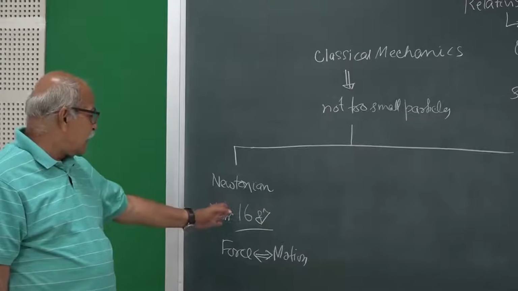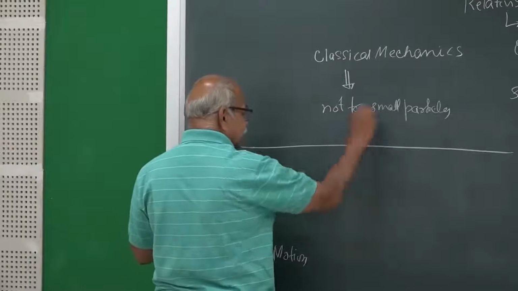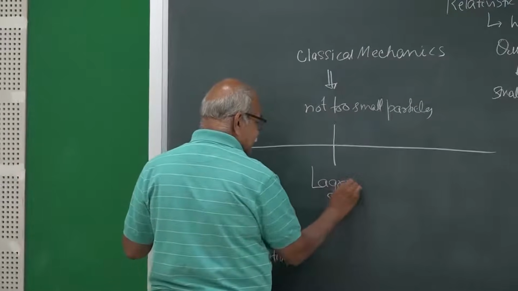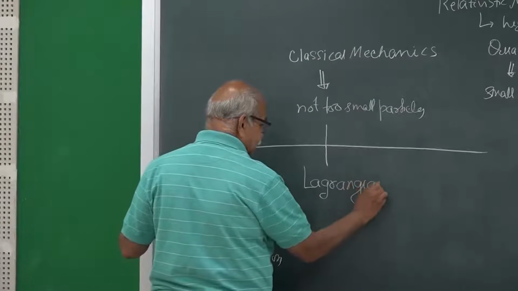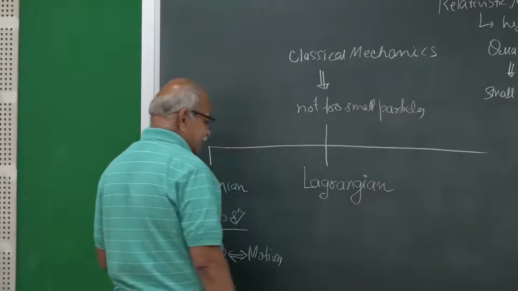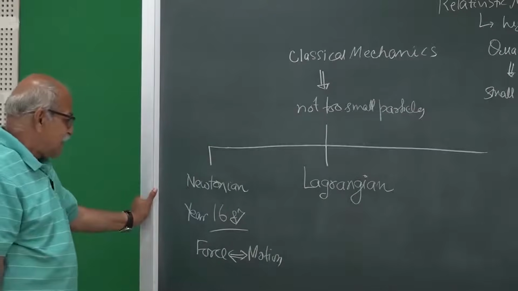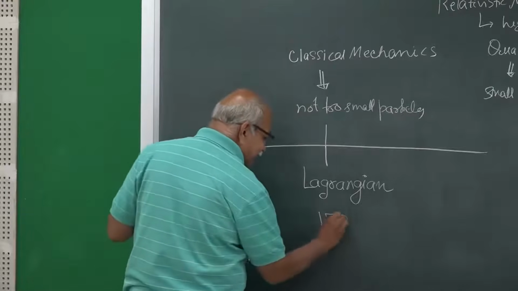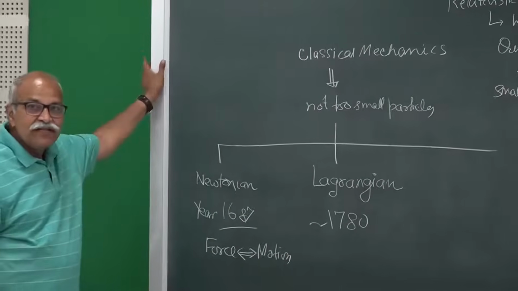Then about 100 years later, you have another formulation of classical mechanics which is called Lagrangian mechanics. The scientist was Lagrange, and this was around 100 years down the line, somewhere around the 1780s.